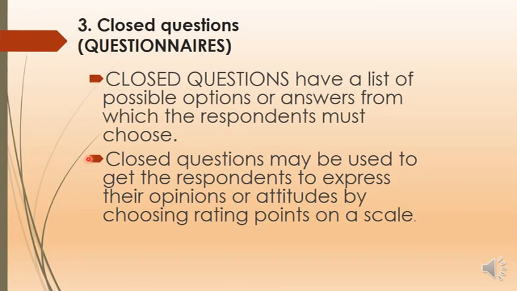Let's talk about closed questions, the ones we mainly use in questionnaires that are addressed in quantitative studies. Closed questions have a list of possible options or answers from which the respondents must choose. Closed questions may be used to get the respondents to express their opinions or attitudes by choosing rating points on a scale.